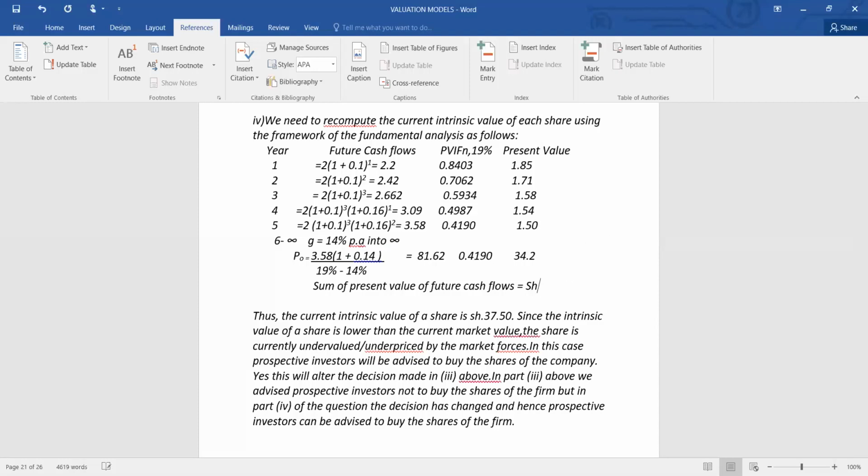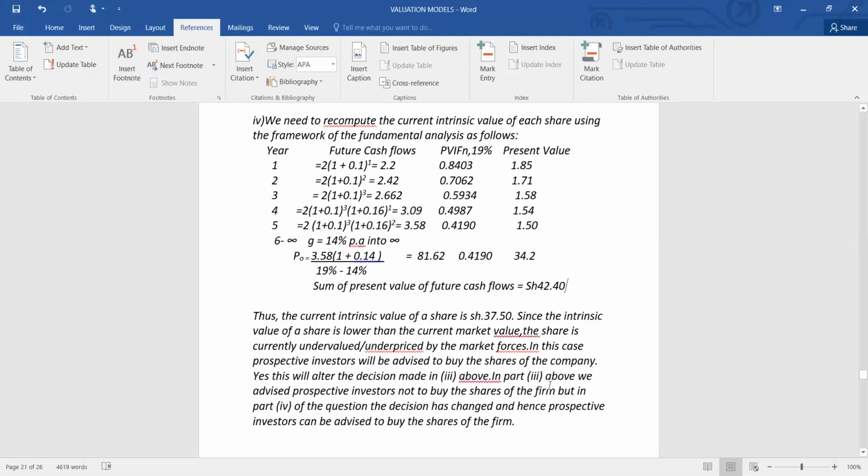So what's the total? Anybody who has got it? $42.4. Is the answer roughly 42.4? Yes.